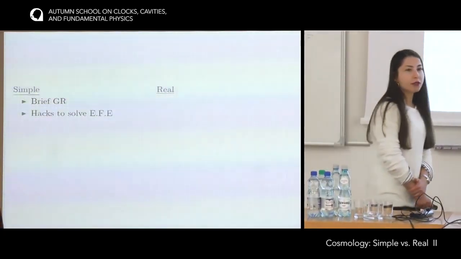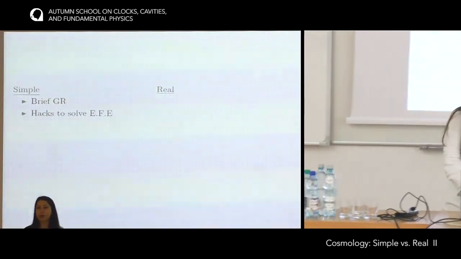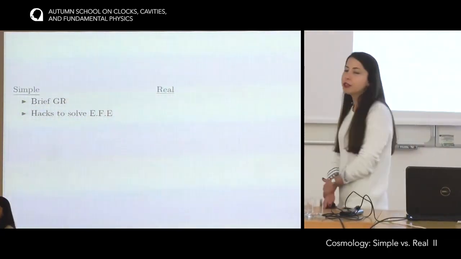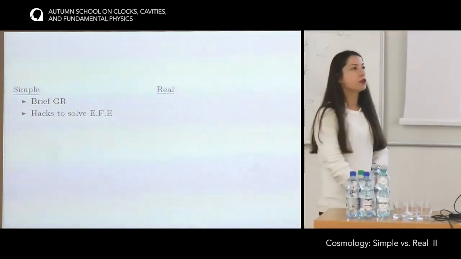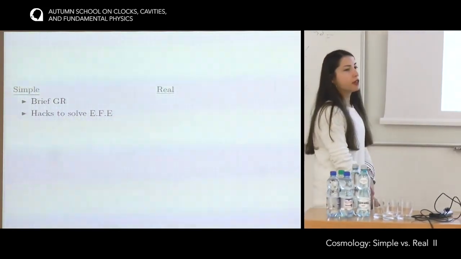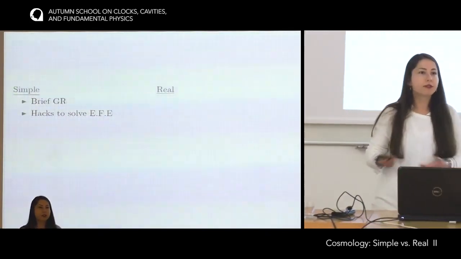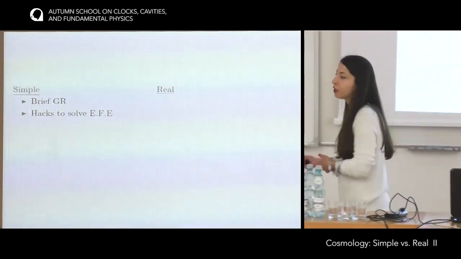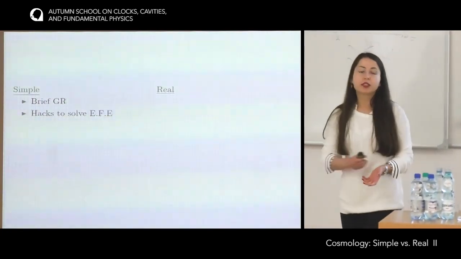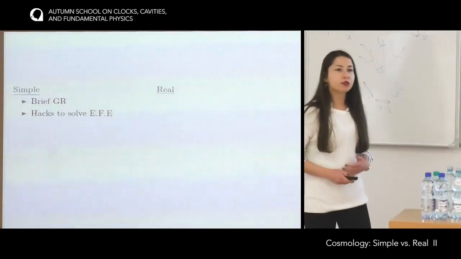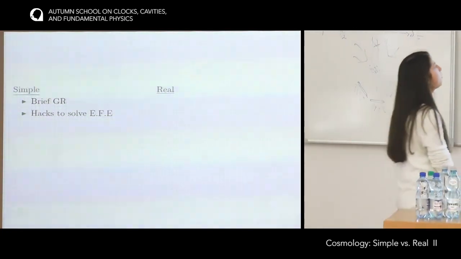And I talked about simple tricks to solve Einstein equations, which are usually very hard to solve for realistic scenarios. I said that you can either go to a weak limit to have solutions like gravitational waves, or you can impose some symmetry conditions on your system so that solutions are easier to solve.